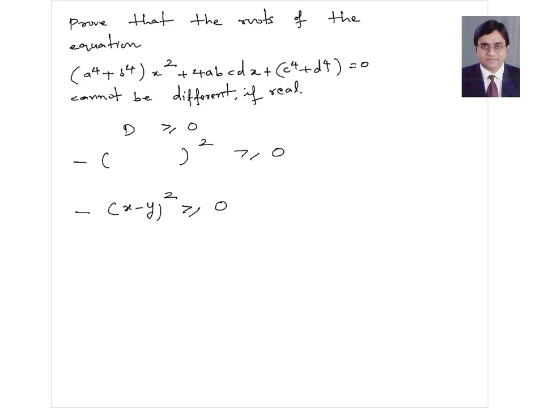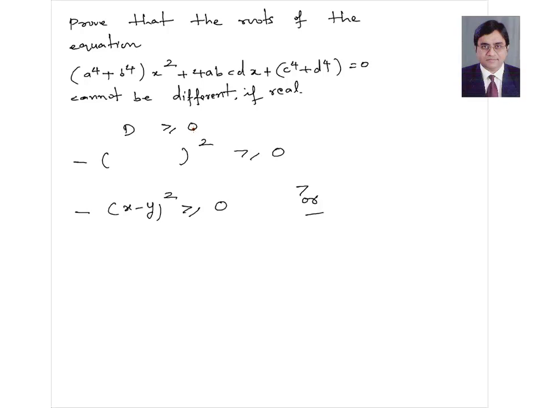More than 0 will never work in such a situation. When we say greater than or equal to 0, there is an or hidden there. The roots will be real if discriminant is greater than or equal to 0. That's the meaning of it.